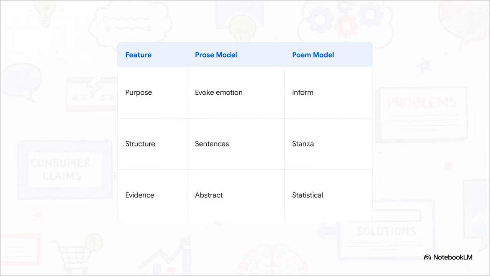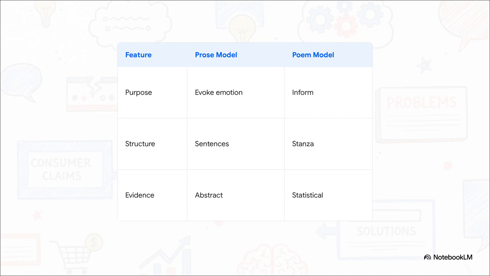And this brilliantly illustrates the actual mechanical differences between the two formats. If we look at the purpose row, the prose is designed to evoke emotion and guilt, while the poem informs and provides a solution. Look at the diction or word choice. The prose uses phrases like crinkling monument, whereas the poem hits us with sharp, factual words like 90% and steel.